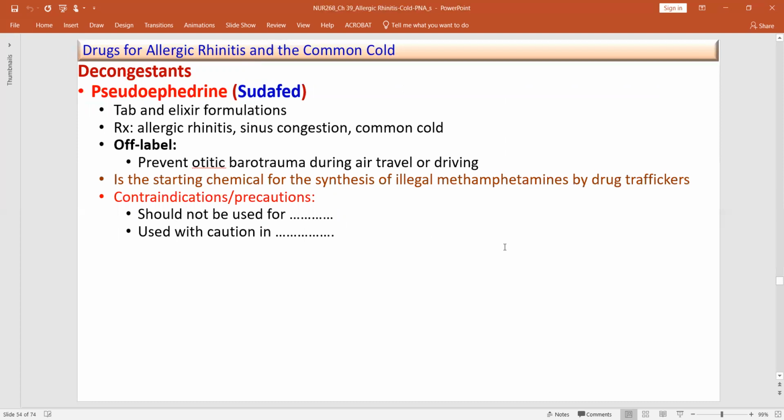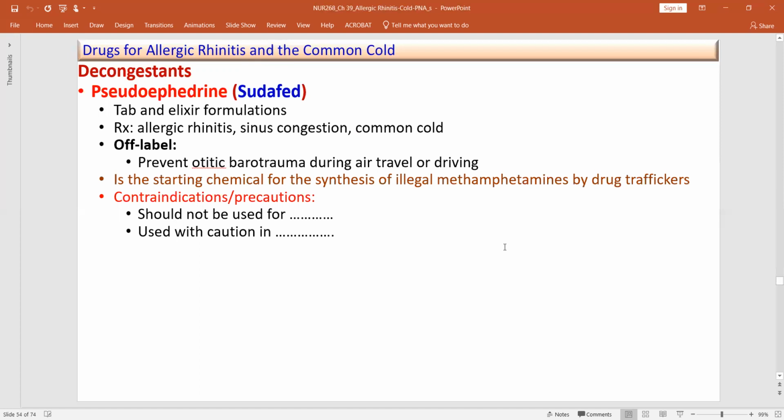Pseudoephedrine, like Sudafed, comes in tablet or elixir formulations. An off-label use is to prevent otitic barotrauma during air travel or driving. It's also used as a starting chemical for the synthesis of illegal methamphetamines by drug traffickers.